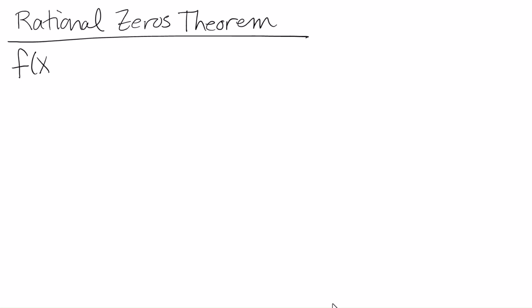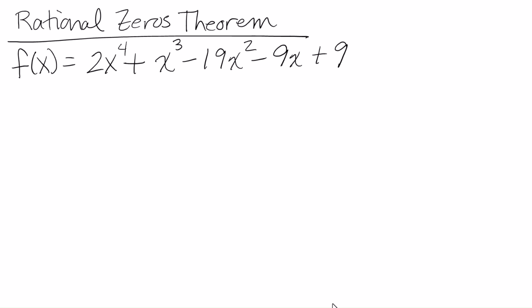Here we have our function 2x to the 4th plus x cubed minus 19x squared minus 9x plus 9.